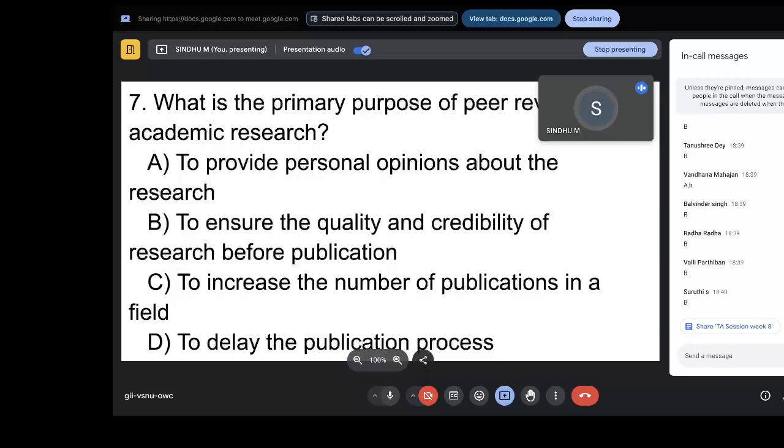Sometimes this whole process of peer review will take some time, because once you have submitted the paper, first it will go to the editor of the journal. The editor will take some time to decide whether to accept or reject it. That will be the first time-consuming step.